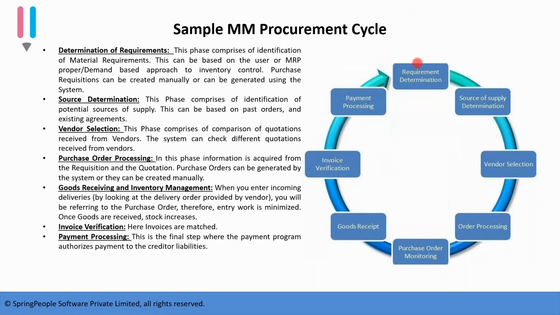So ideally this has to be created by the concerned department. If the concerned department doesn't know how to create the purchase requisition, then they should provide the information to the purchasing department, and the purchasing department will create that purchasing document on behalf of them. And then from here, source of supply determination to goods receipt, these are the core MM activities.